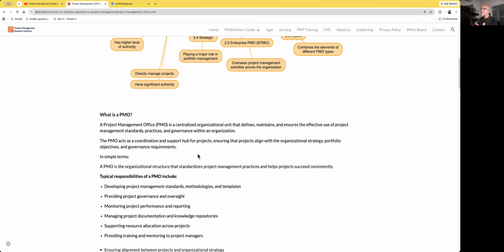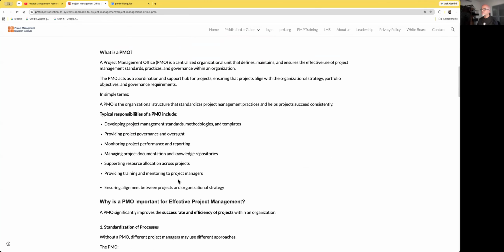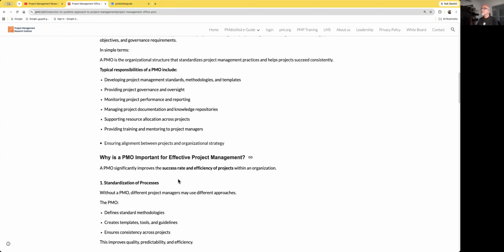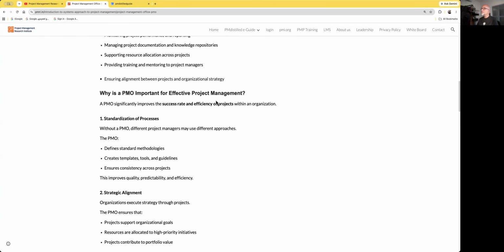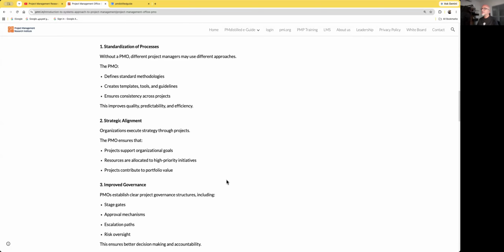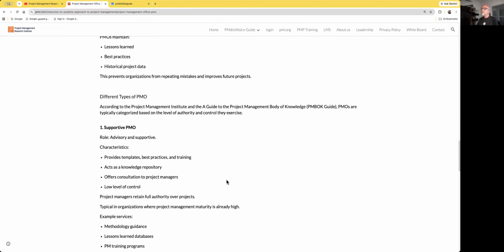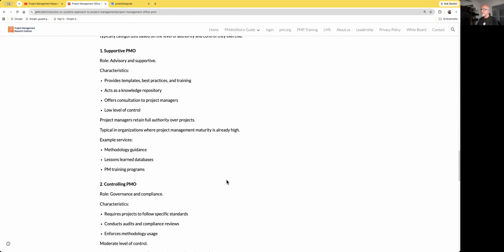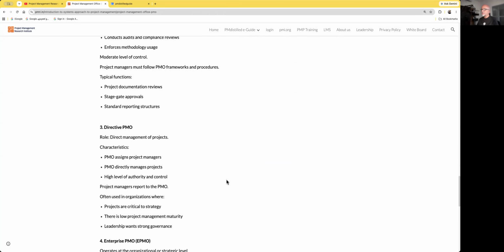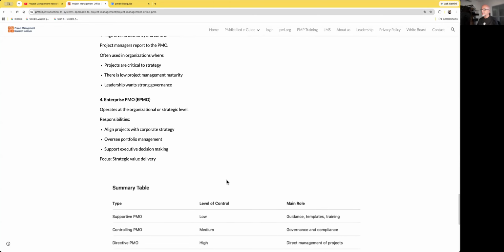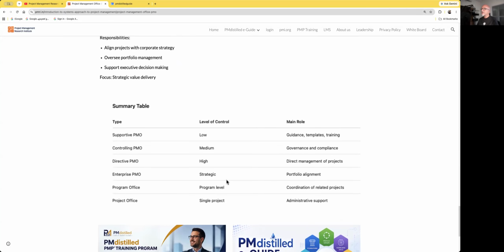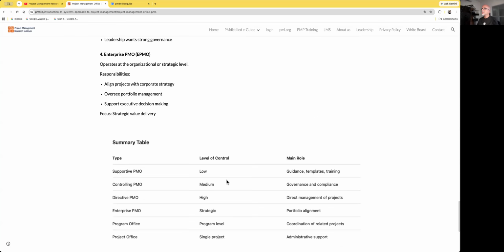So here are the definitions, typical responsibilities, etc. listed in the page. Why is PMO important for effective project management? So maybe you can go through this page to gain more insight into the topics which we already discussed. So here we have the summary table as well.